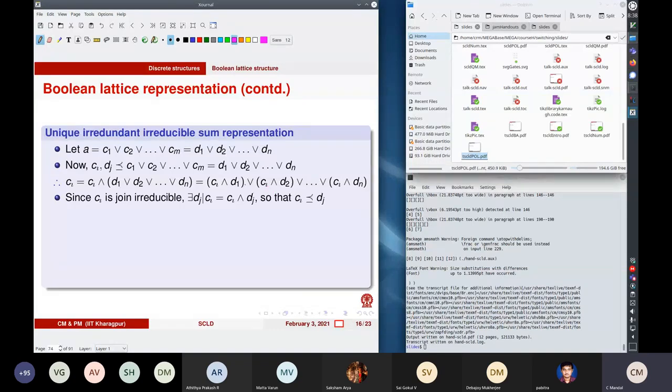So there must exist a Dj such that one of these elements is the same as Ci. If it works out this way, then Ci must be a predecessor of Dj.